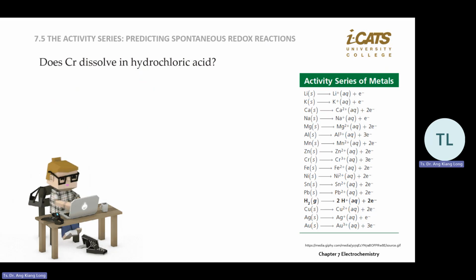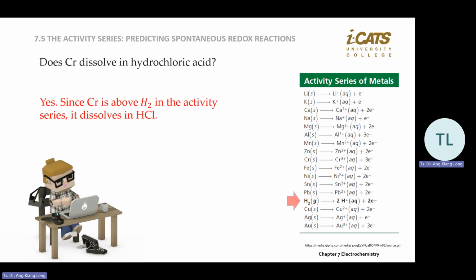This is how you predict based on this table. So Cr is solid, so you put your hand there. Hydrochloric acid is basically HCl, so you have H plus inside the solution. H plus is here. So it's below, then the reaction will happen. So this is how you answer. It will dissolve means there's a spontaneous reaction.